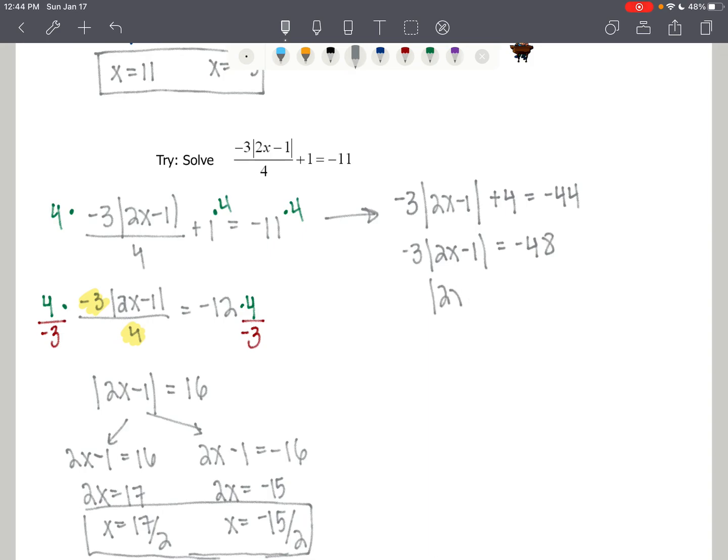Then when you divide both sides by that -3, you'll get +16. If you ended up with -16, there wouldn't be an answer because the absolute value is distance, and absolute value has to equal a positive. So when you have that absolute value isolated and all by itself, it needs to equal a positive value.